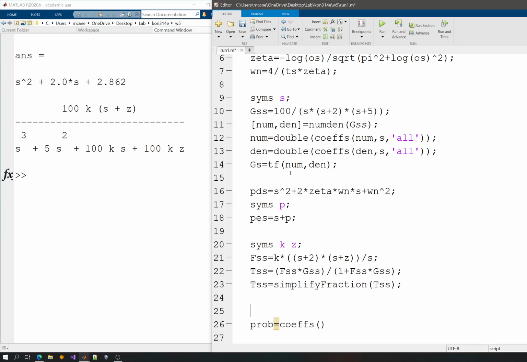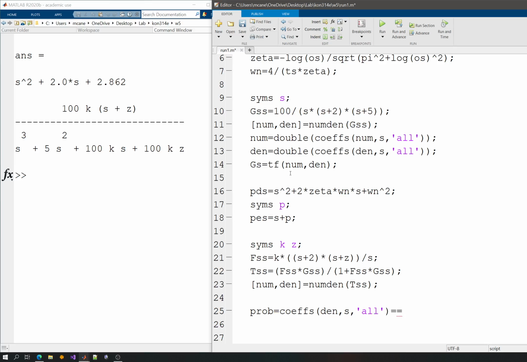Oh, I didn't. Okay, I need to num them. Or if you don't want the numerator, you can just place a tilde here. But let me take the numerator, num, of TSS.